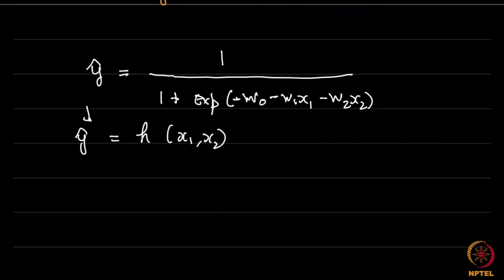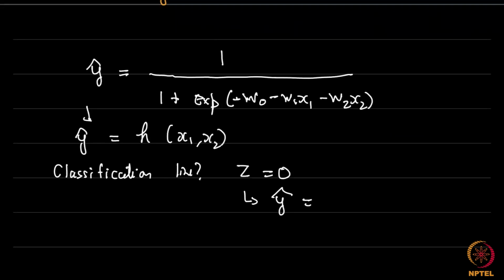All right. What about the classification line? The classification line is the line z equal to 0. Why is it the line z equal to 0? Because at z equal to 0, y hat will be exactly 0.5. How come?